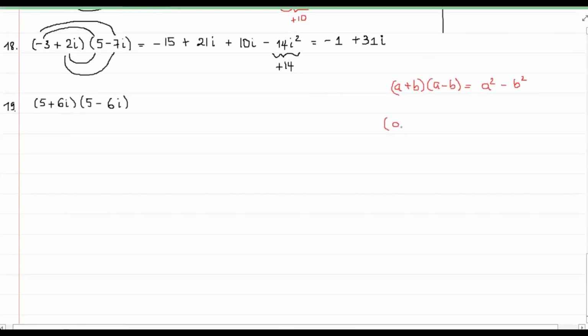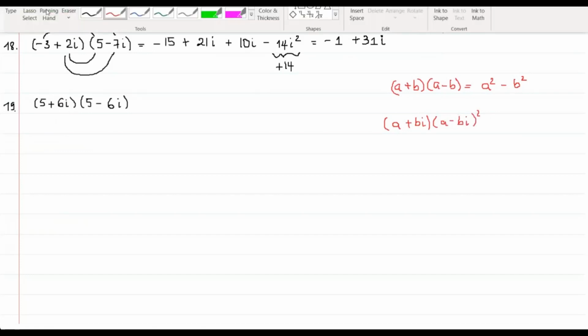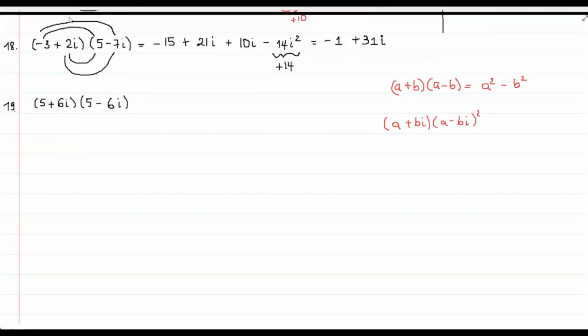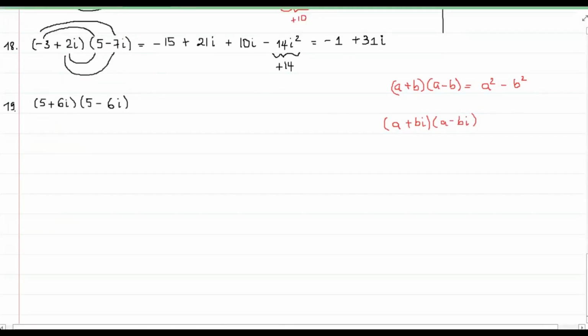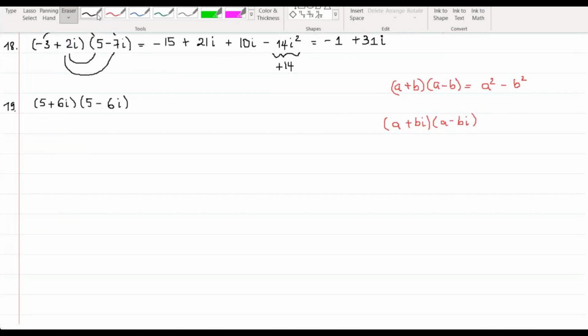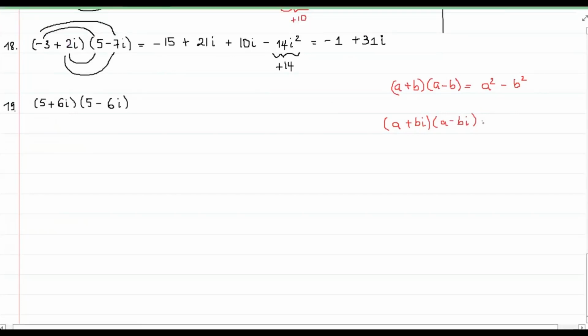So if we have a plus bi times a minus bi, that will be equal to a squared plus b squared.